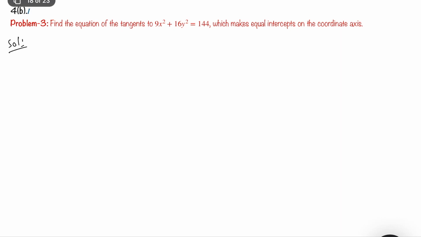Let us divide both sides by 144. Then we end up with x²/16 + y²/9 = 1. Let me call it 1. Here a² = 16, b² = 9, so we have the a greater than b case.